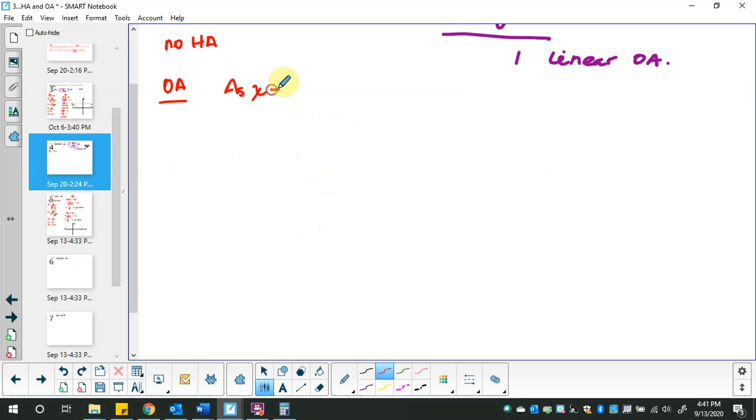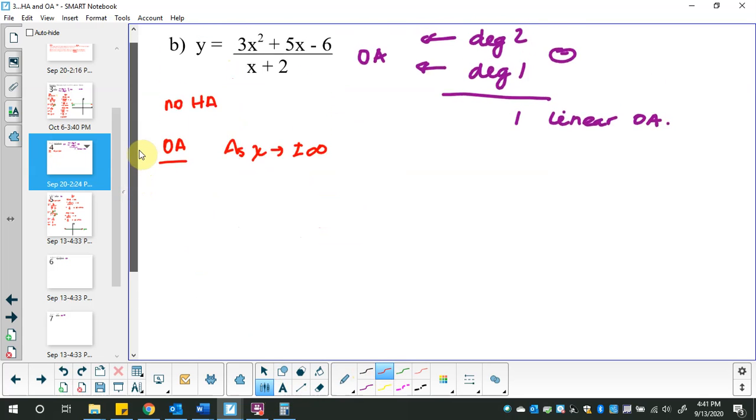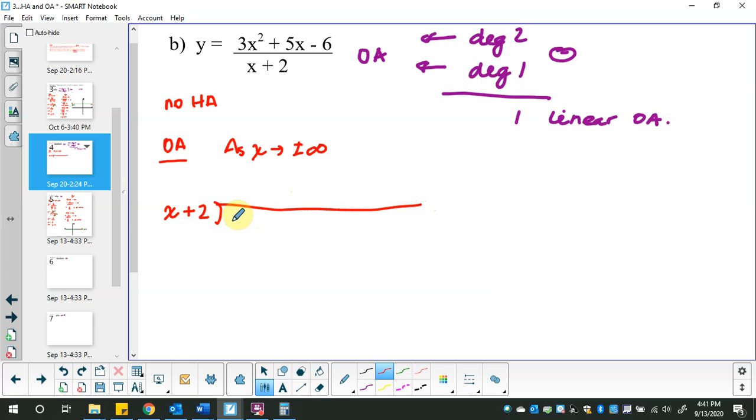There's also no way to avoid this. We're going to have to long or synthetic divide. So I'm going to do long division first and show you what happens. Remember all that descending order stuff and gaps, and there aren't any gaps, and it's already in descending order. If you are a synthetic divider, my lines aren't coming out very straight today.